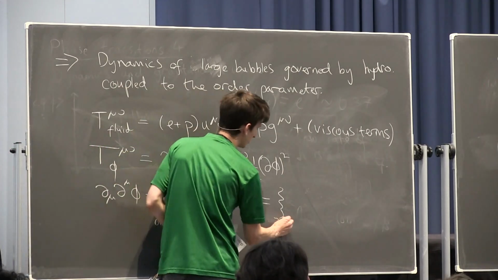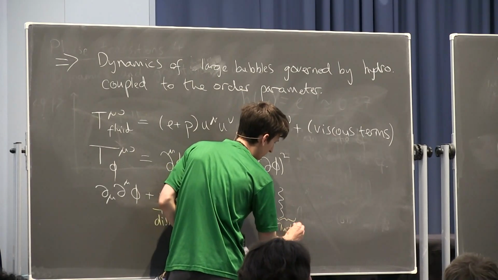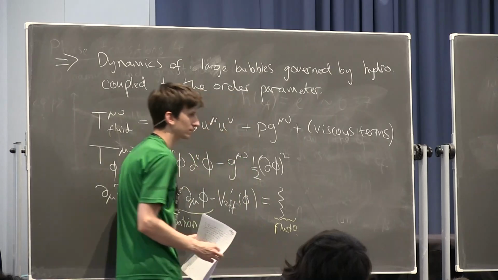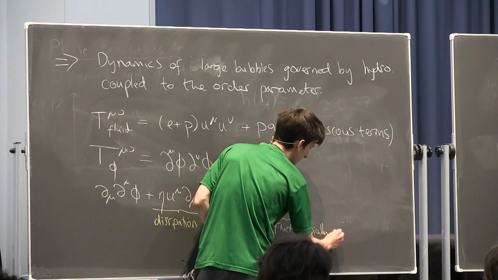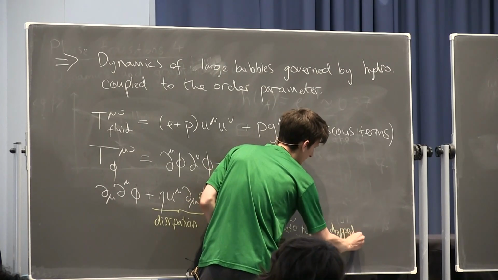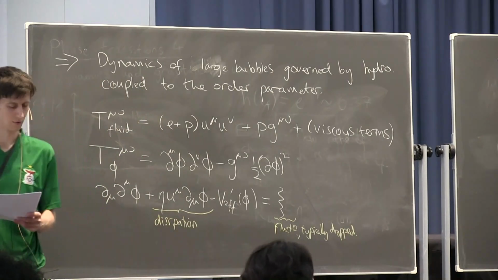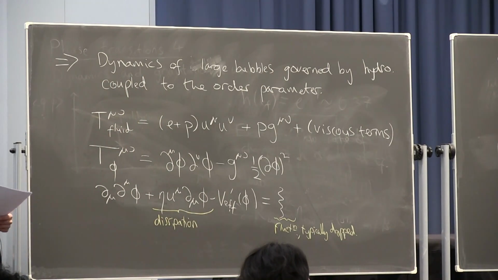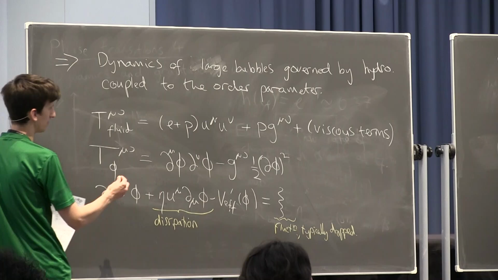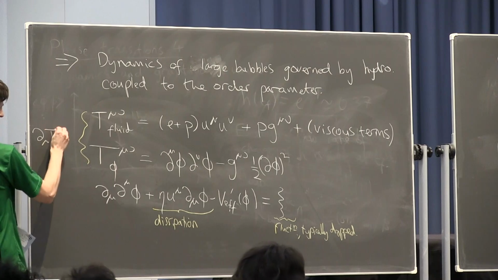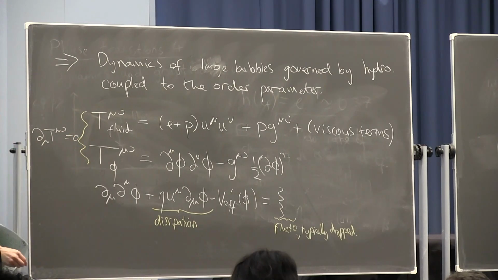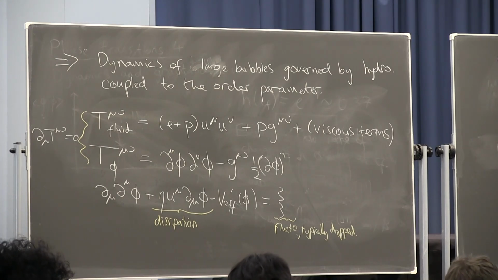And then because we have dissipation, in principle, there's also fluctuation. But this is typically dropped. So these are effective long wavelength equations. And of course, these 2 here will give us d mu T mu nu total equals 0. That's the equation we'll get from them. And these are our coupled scalar and fluid equations of motion.